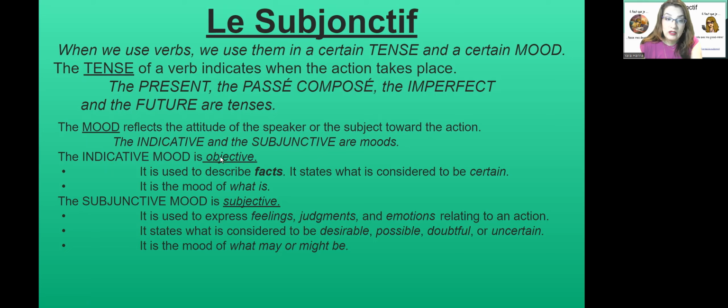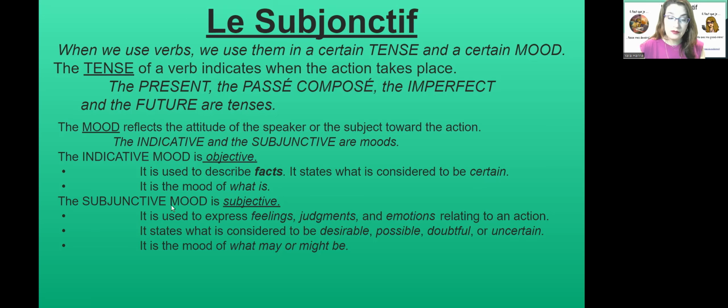The indicative mood is objective because it's used to describe facts. It states what is considered to be certain. It is the mood of what is. So whenever we are certain about the facts in a sentence, we use the indicative mood.